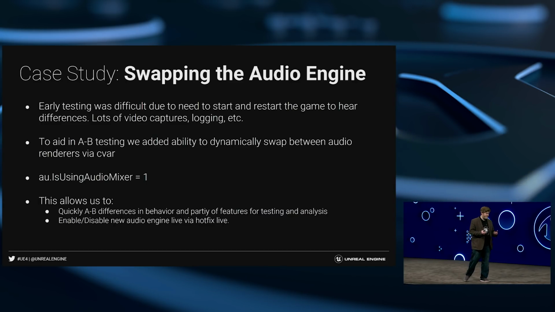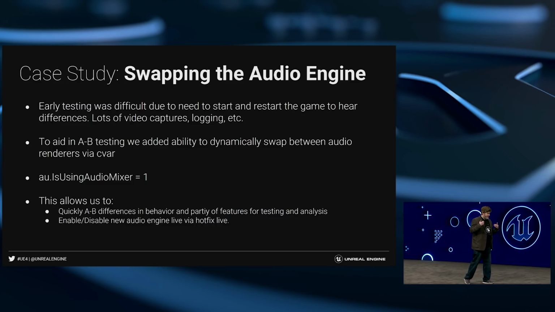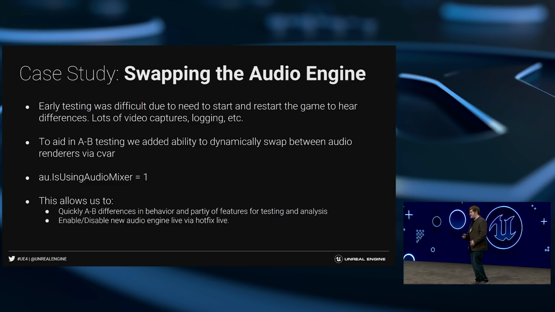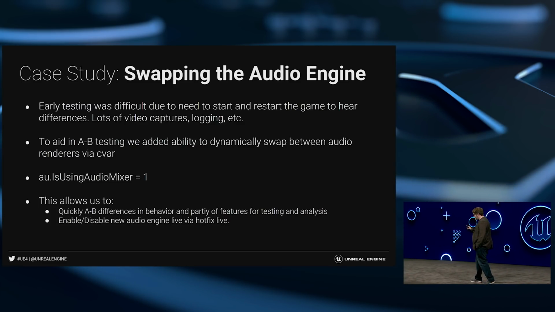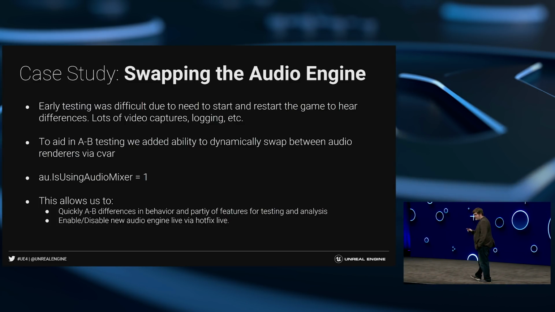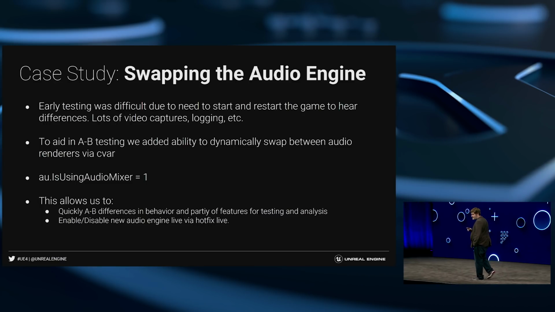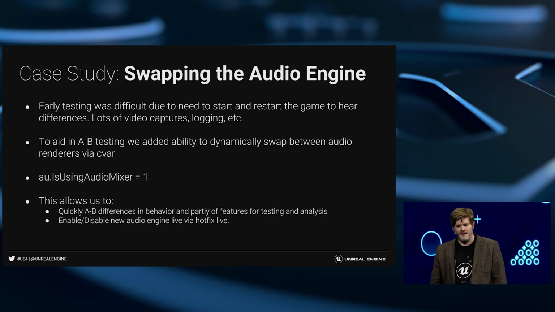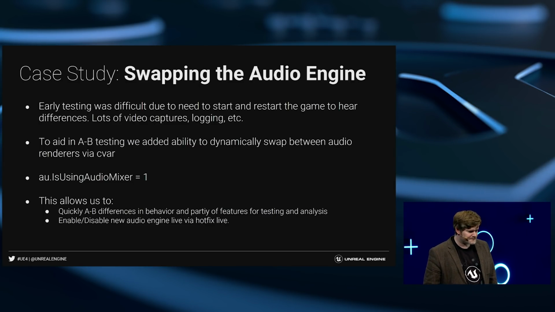In the beginning, we found that the workflow of changing an INI file and relaunching the game was very slow to see if some volume thing was fixed or some sample rate conversion issue was fixed. So we were doing a lot of video capturing and A/B testing and video capture, but that is not great.